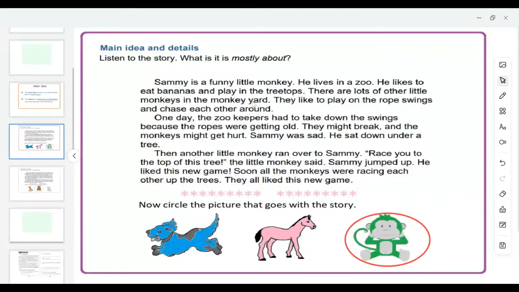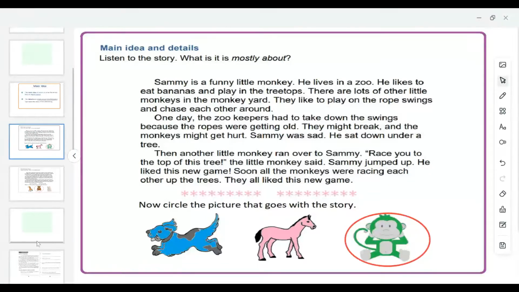The details are: what about the little monkey? What's his name? What did he do? Why did he get angry or sad or happy? This is called details. Okay?